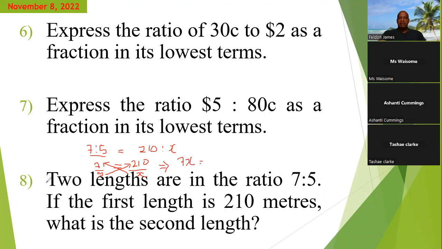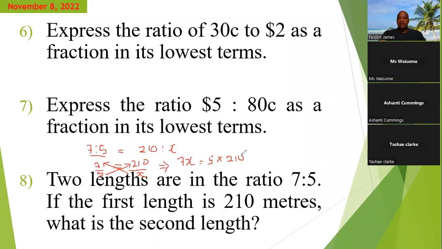Now we are multiplying the 5 times the 210. Now, if you wish, you may just have it written in this form without calculating it. But sometimes when you do it like this, it becomes more convenient when we are canceling.